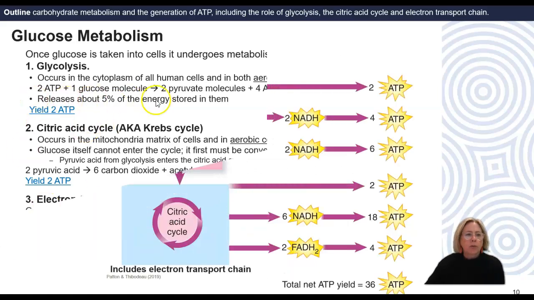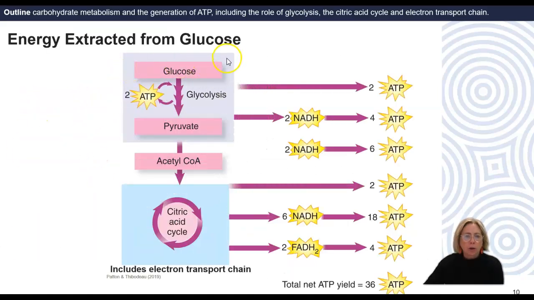Okay, so if we look at a summary here of the energy extracted from glucose, here we have glycolysis. So we have glucose being converted to pyruvate. You need 2 ATP molecules to do that. And it produces 4 ATP molecules, but then the net ATP is 2. And then we're going to go through all of this here in the citric acid cycle, or the Krebs cycle, and the electron transport chain.